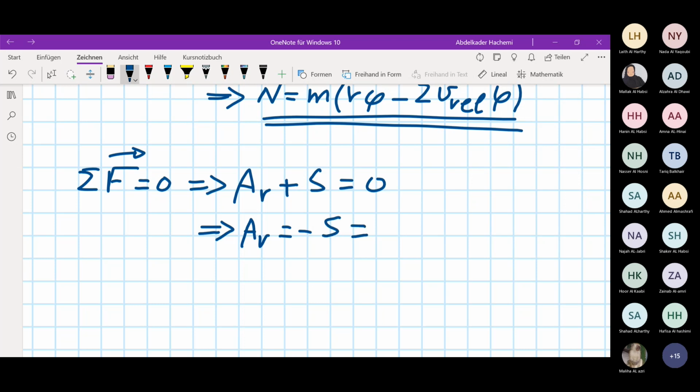and it will be equal to M minus M R phi dot square plus A relative.